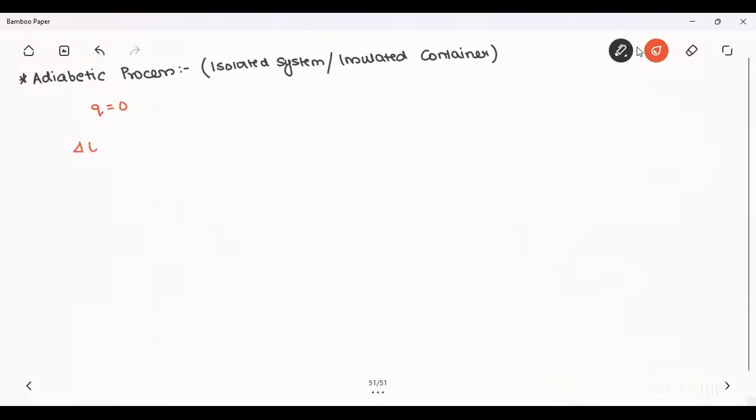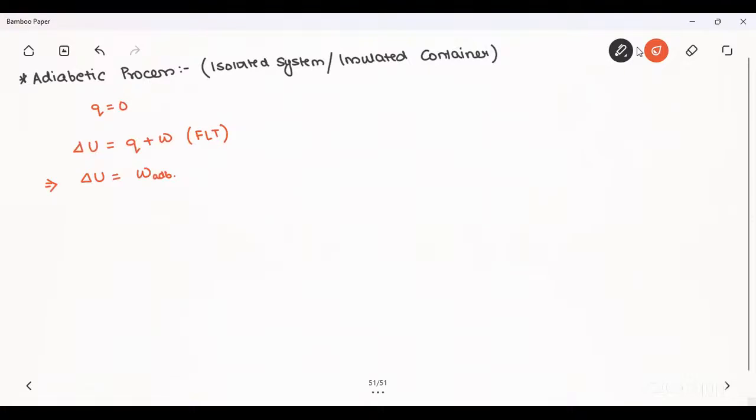What is our first law of thermodynamics? Delta U is equal to Q plus W. According to the first law, this is 0. So delta U is equal to W. But in adiabatic process, we don't write only W. We write it as W adiabatic. Is this part clear?